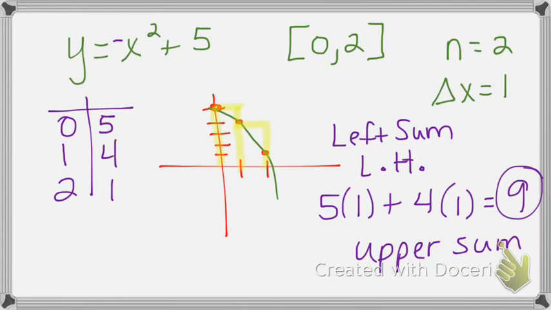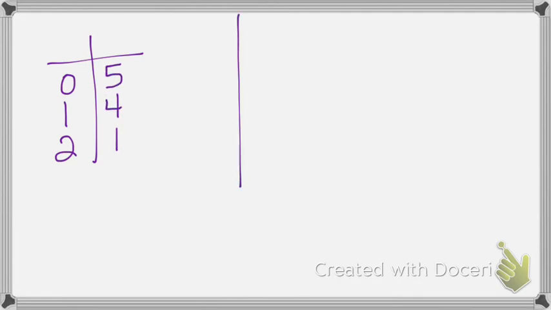He said, well, there's other ways to estimate it. What if we found the right sum? Okay? So we're going to use the same points. We're going to graph it again. You can do it on the same graph. I'm graphing it again just so that you can see it better. And this time, we're starting on the right of the interval, 0 to 2.